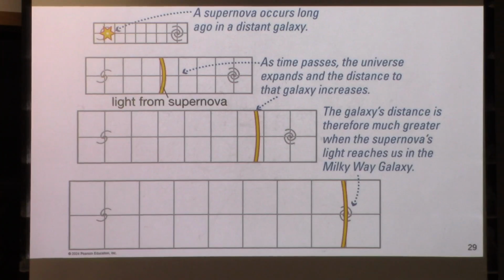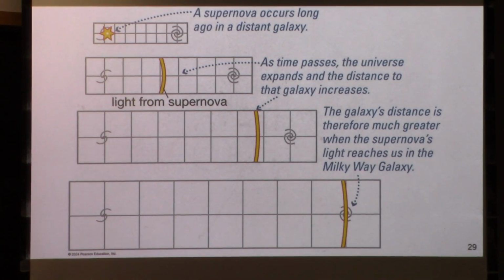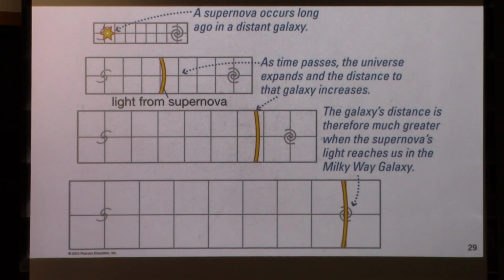So for now, it suffices to say that you have to be careful when you talk about the distance to a galaxy, because what distance do you mean exactly? Is it its present distance? Well, you can't directly measure that. You can't stretch out a meter stick between us and the other galaxy and figure out how far away it is.